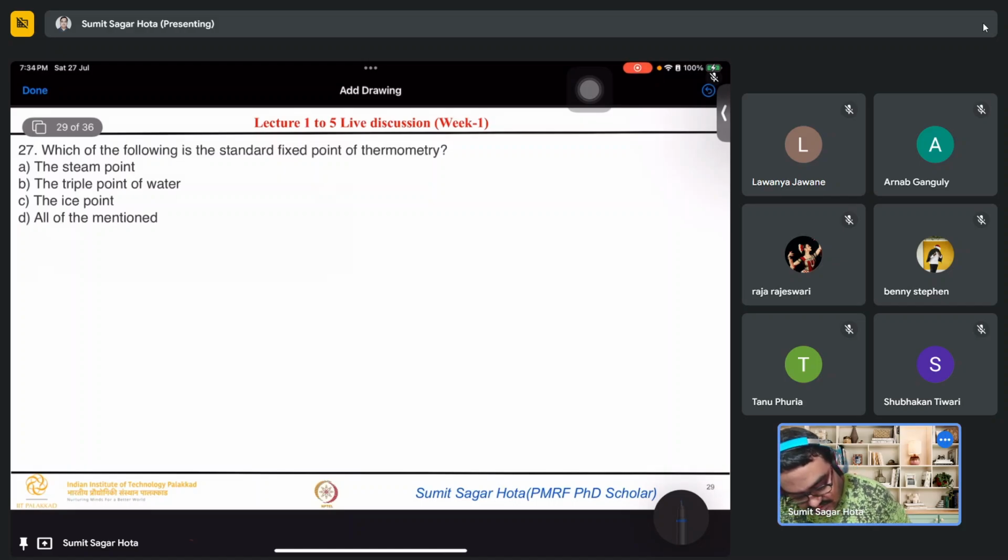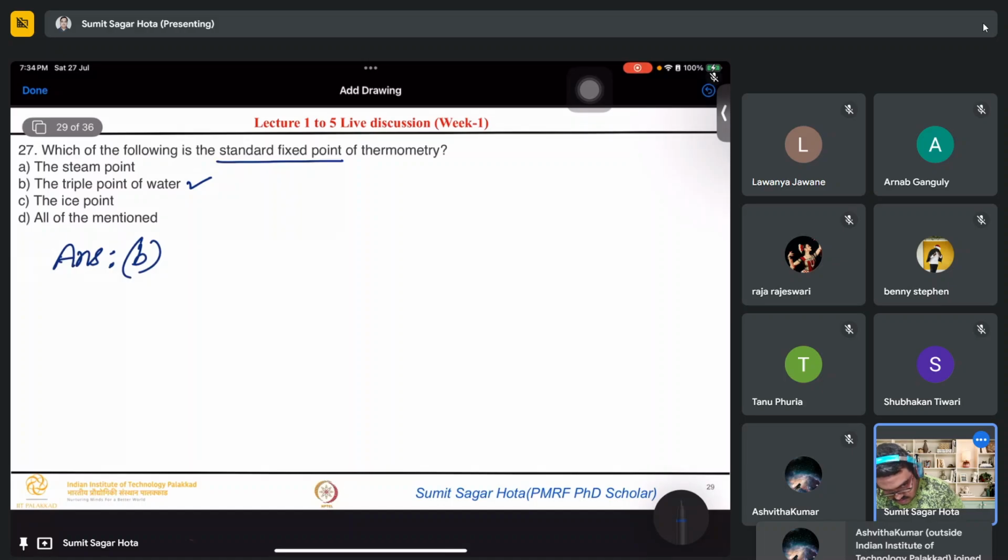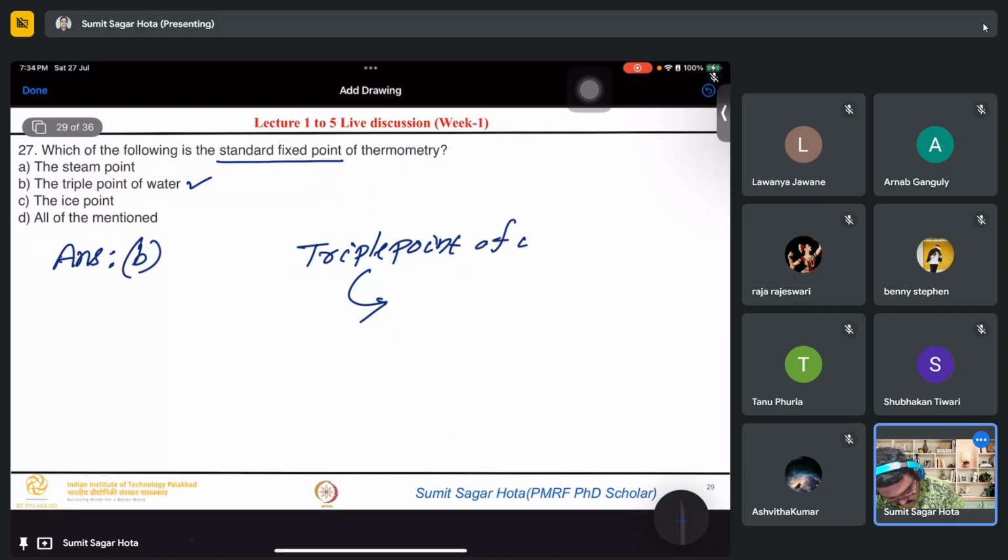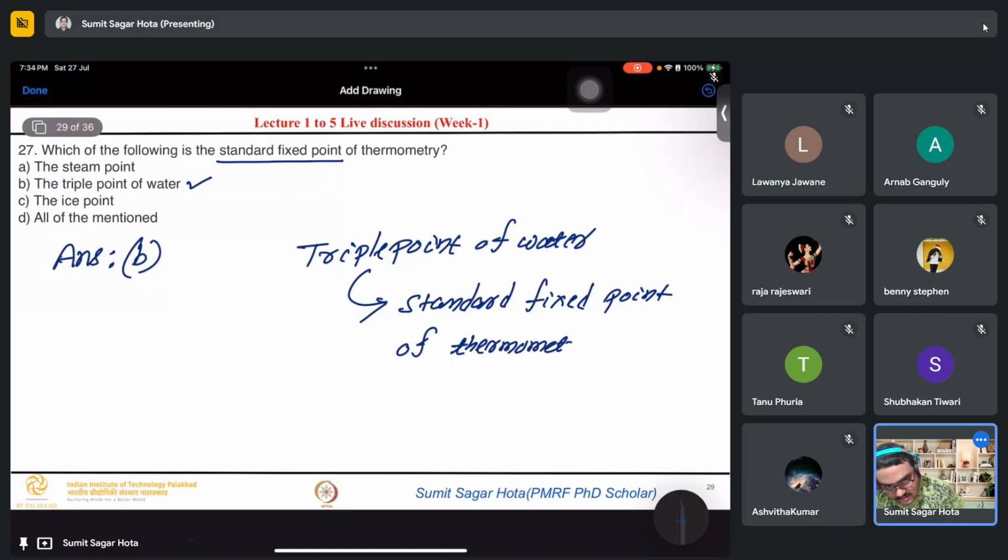The standard fixed point is always the triple point of water. Okay, so next question.